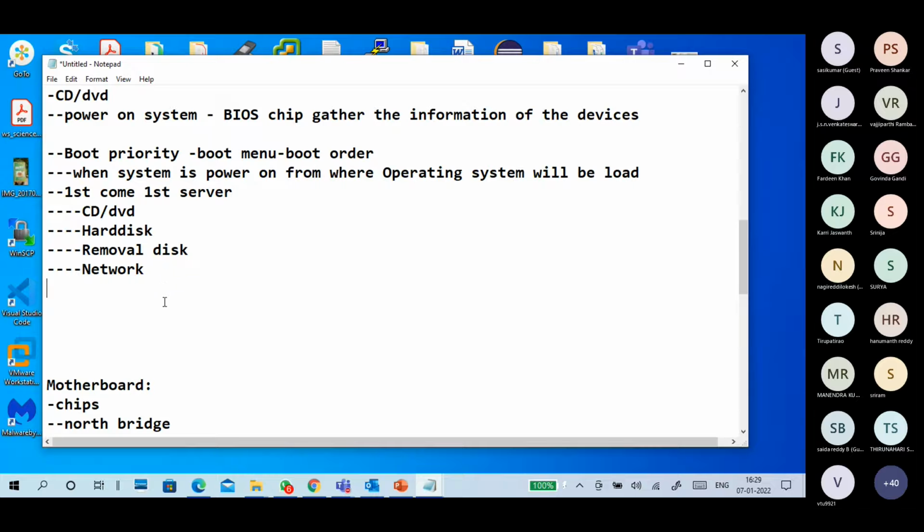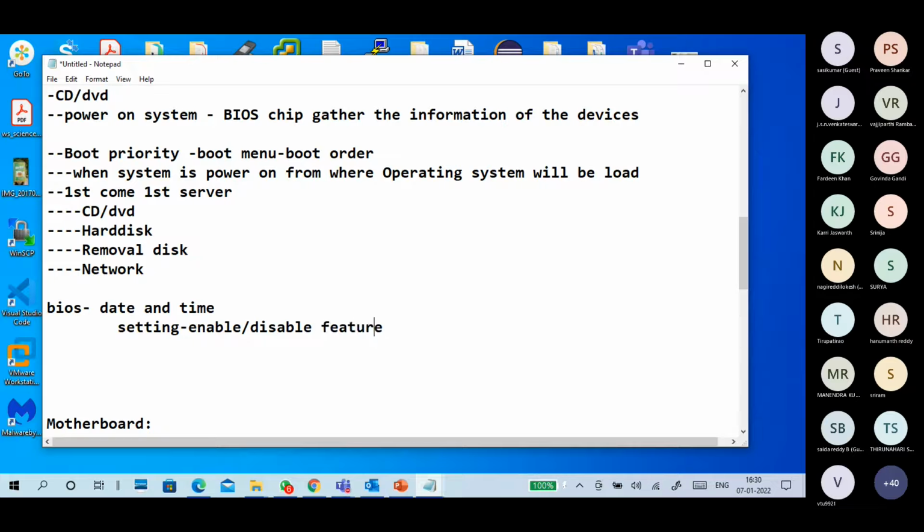Okay, one more piece of information. In a BIOS, one more thing is there, that is called date and time settings, like enabling or disabling features, hardware features.